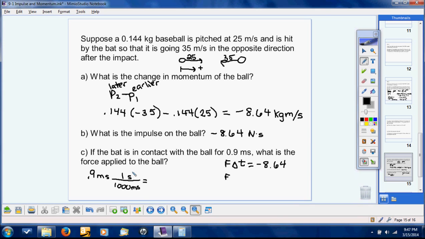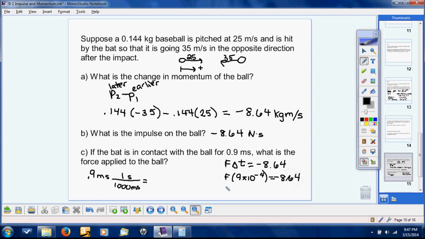0.9 divided by 1,000, which gives you 9 times 10 to the negative 4. Equals negative 8.64.